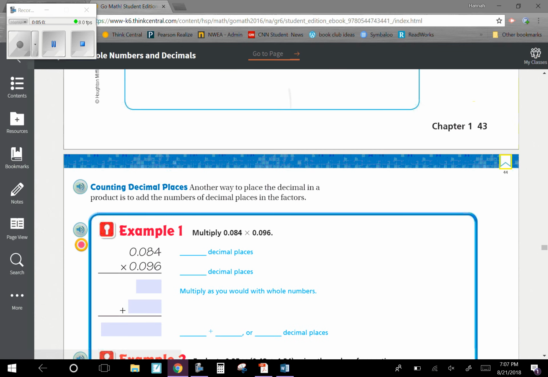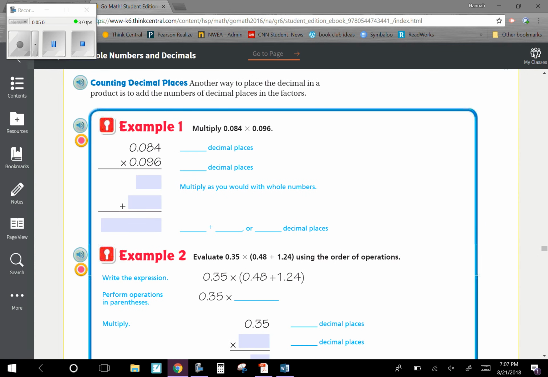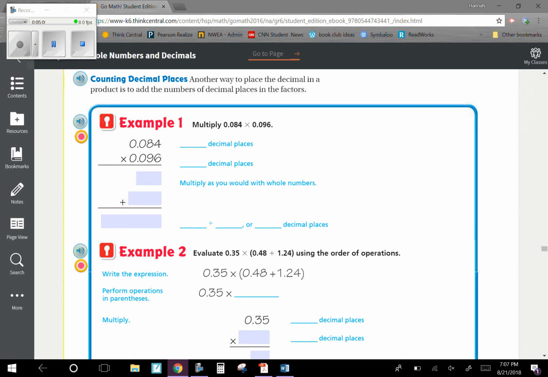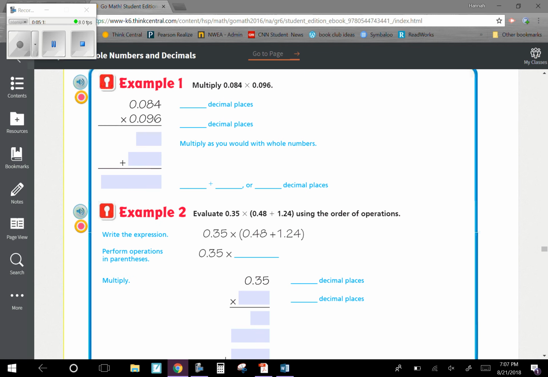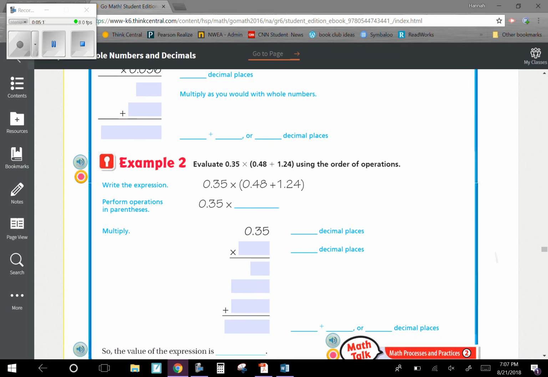Example 1. We're talking about counting decimal places now, so this is another strategy here. So another way to place the decimal in a product is to add the numbers of decimal places in the factors.